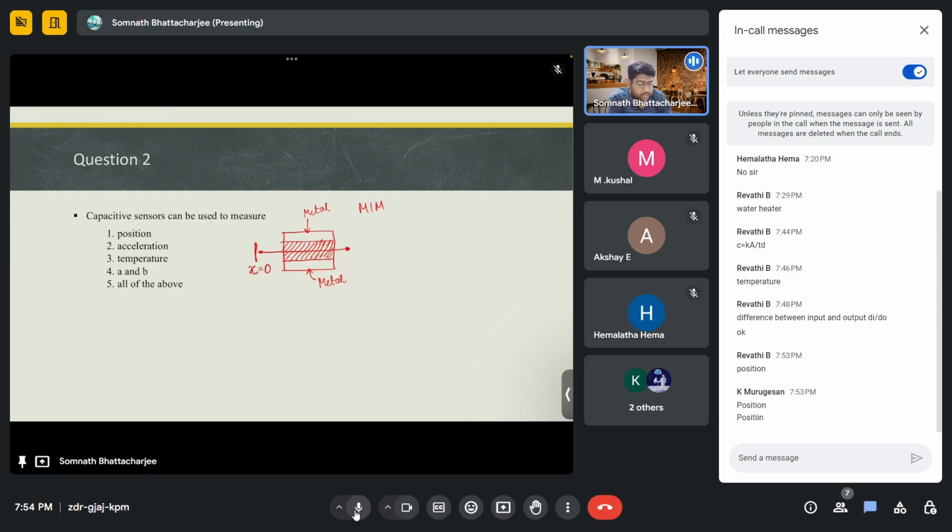If we just press this device on the wall or something like that, there will be a shift in this material, in this insulator place. So the structure will look like this.